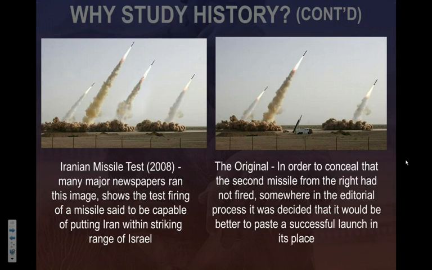They thought it was a little more impactful. They added this missile right here, as opposed to the one here where it didn't actually fire. It misfired. That missile that the Iranians were testing didn't work, but they didn't want to show that. That's 2008. They were actually changing the history of what you were being presented.